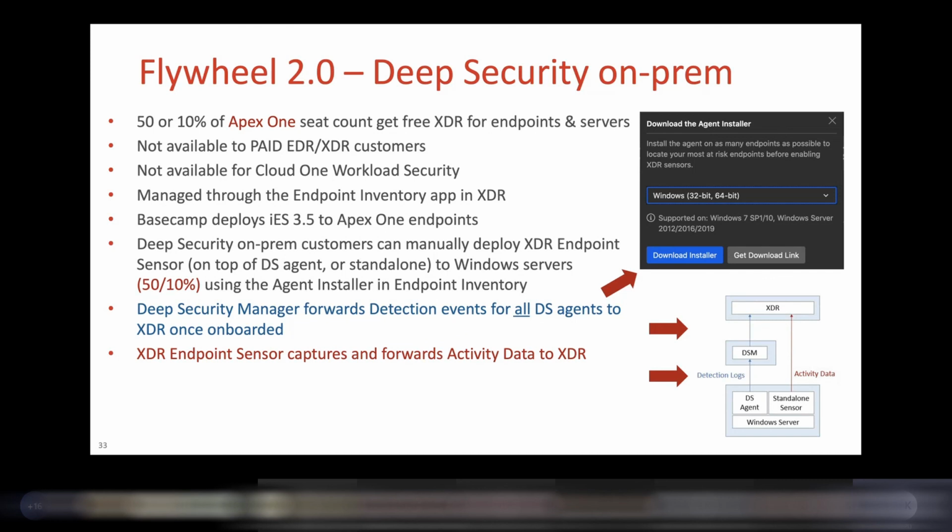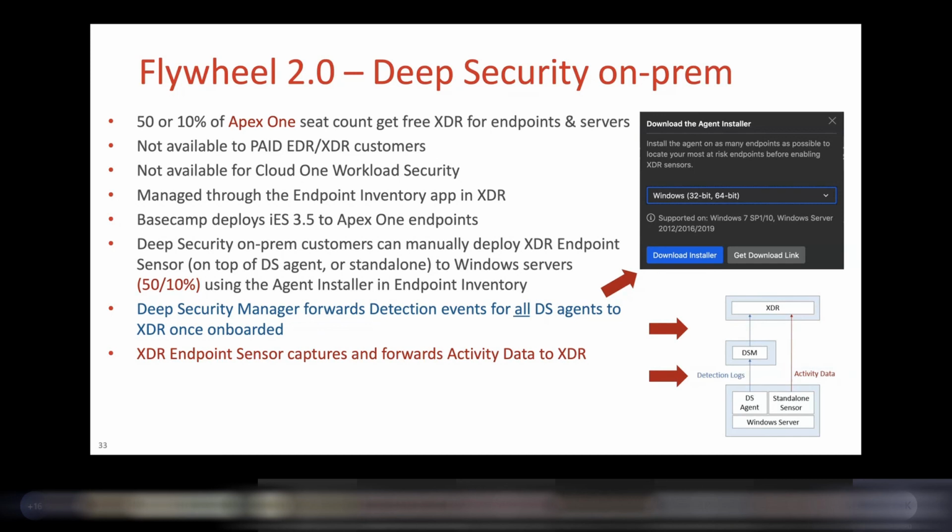This version is not available for the XDR paid customers, and it is not available for Cloud One Workload Security so far. The deployment is not automatic. The automatic part of the deployment is when the customer decides to go to the Deep Security XDR.